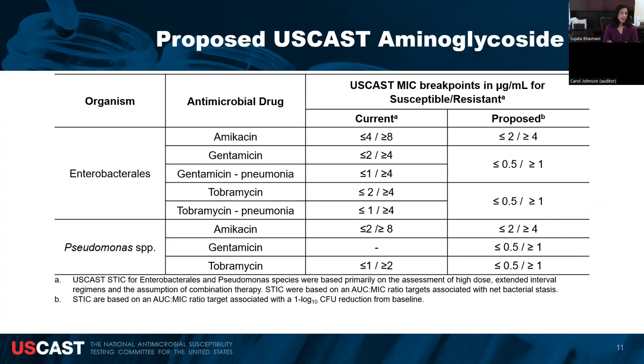So in this slide, you can see the current recommendations that were based on stasis in the second to last column, contrasted with the last column, which is based on those if you imposed a 1 log endpoint.